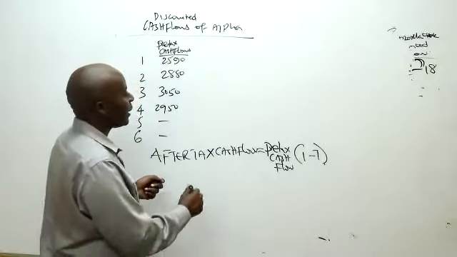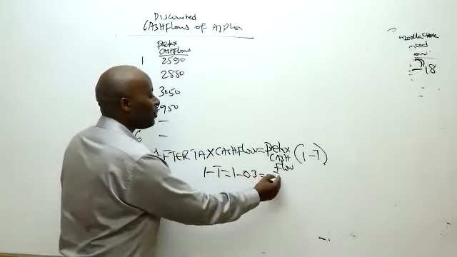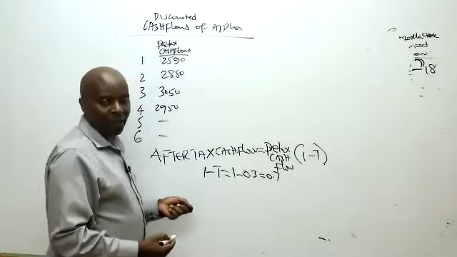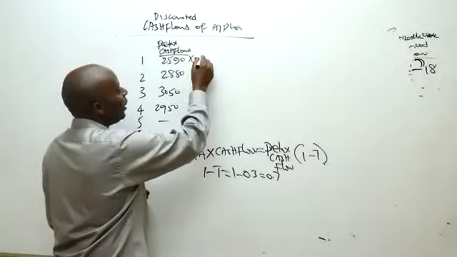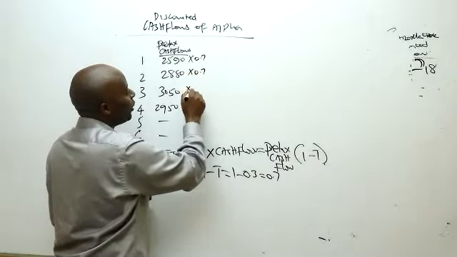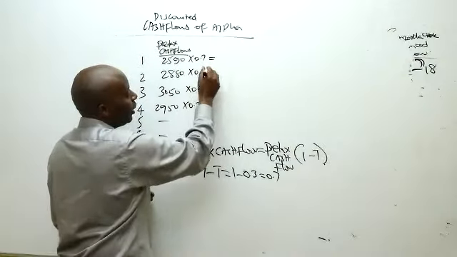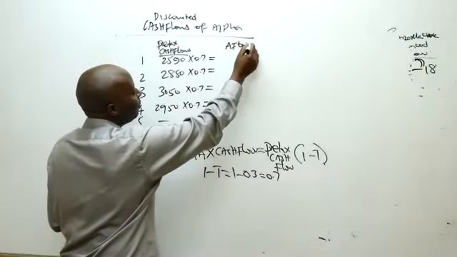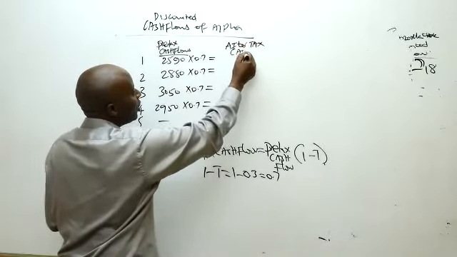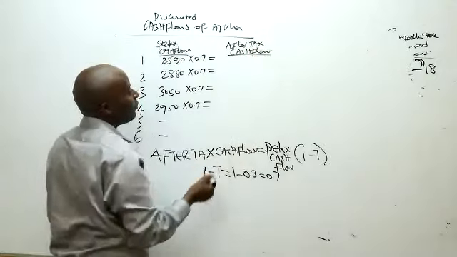So it means that my 1 minus t will be 1 minus 0.3, which gives me 0.7. So what you need to do is to multiply these figures by 0.7 for you to be able to get the after-tax cash flow.